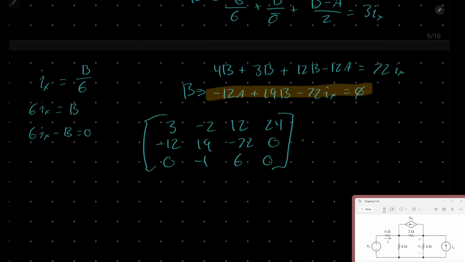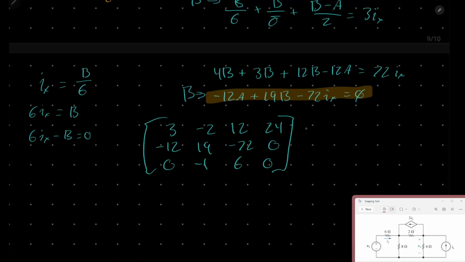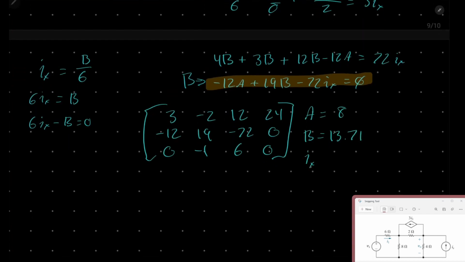So there we are. And then we'll put that in our calculator, use reduced row echelon form, and we'll get something like, A is equal to 8, B is equal to 13.71, and our Ix is equal to 2.29 when rounding.